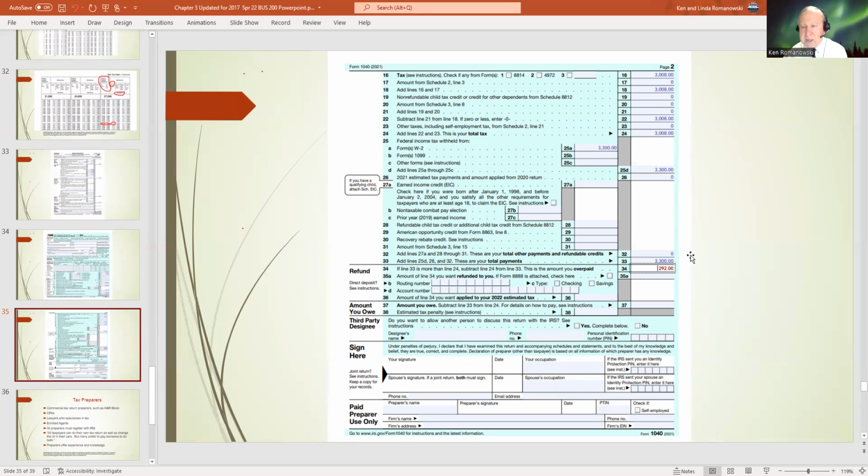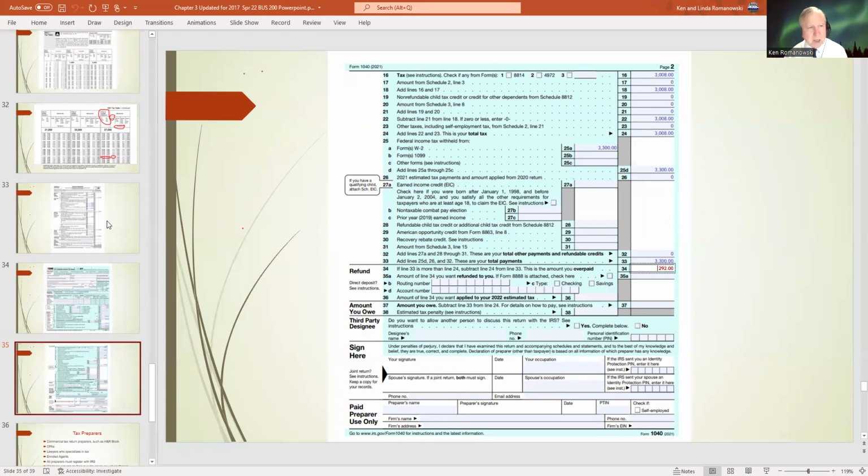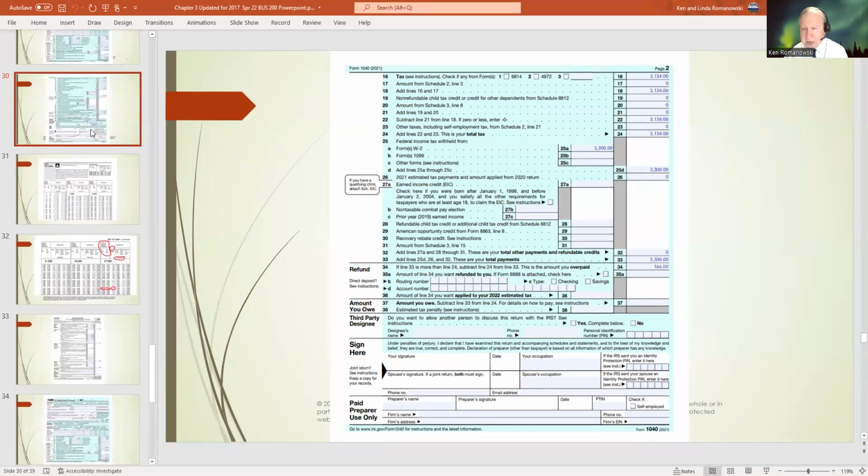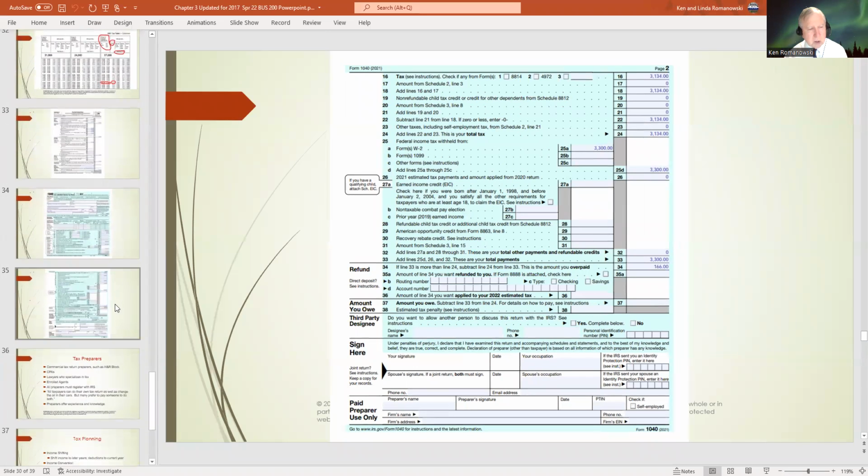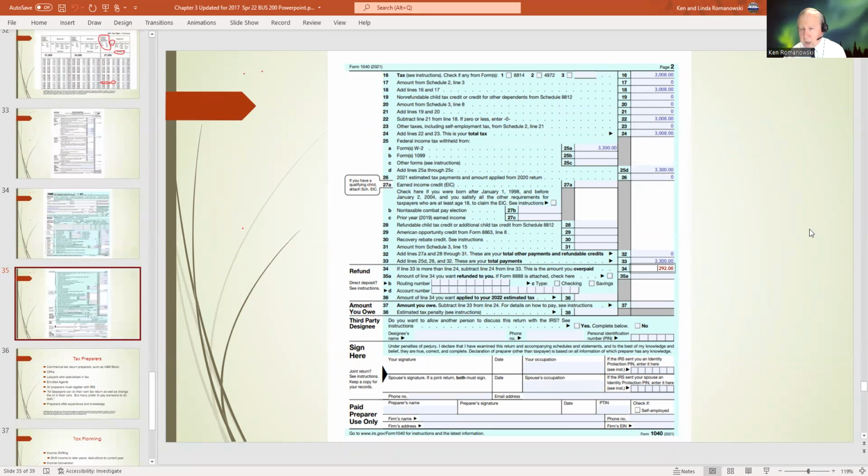So the difference between what was withheld, $3,300, versus his tax owed, $3,008, is $292. So he's going to get back $292. Under the standard deduction, he was only going to get back $166, so he's going to get back an additional $133. Not bad. Again, it all depends on what your itemized deductions are and if you qualify for them. If not, then you just have to take the standard deduction.